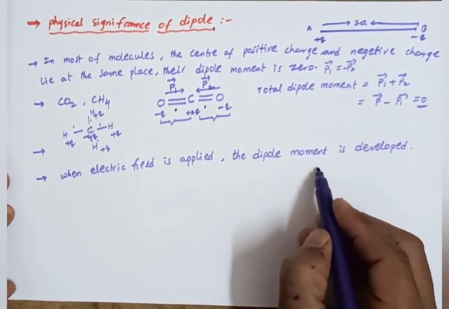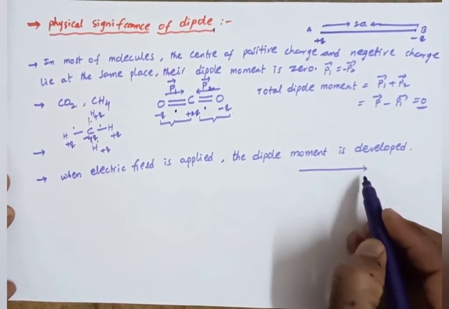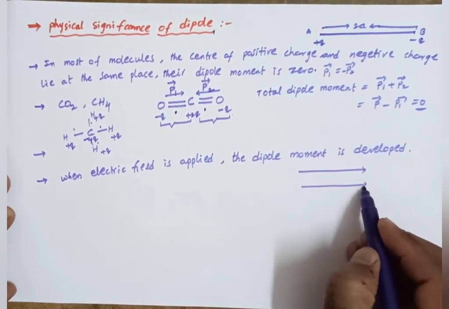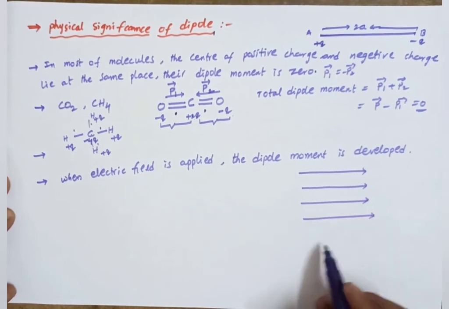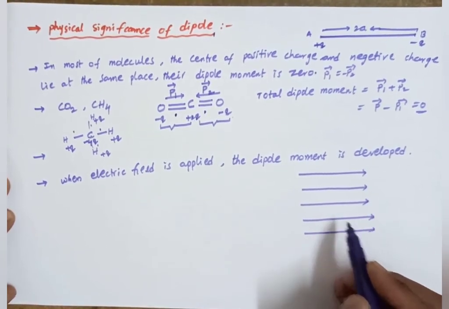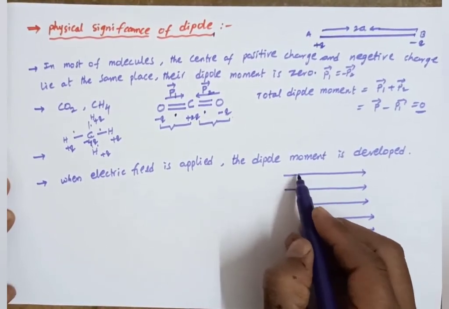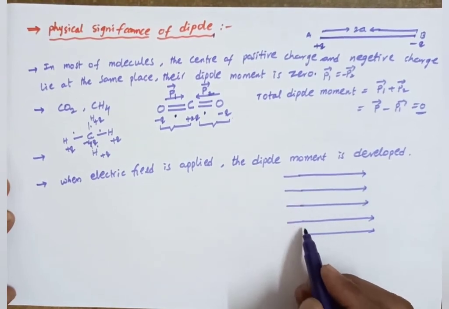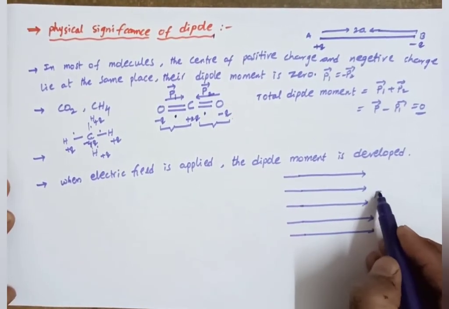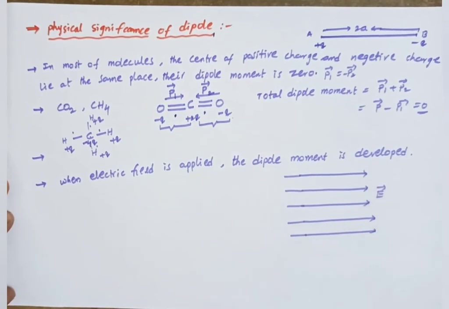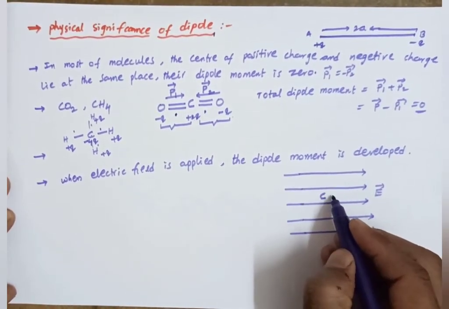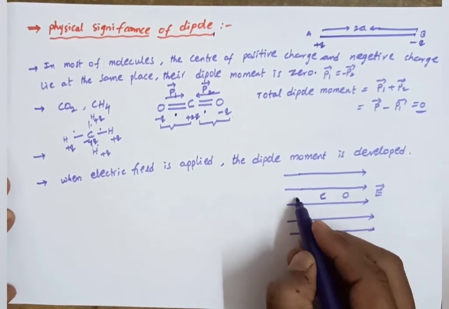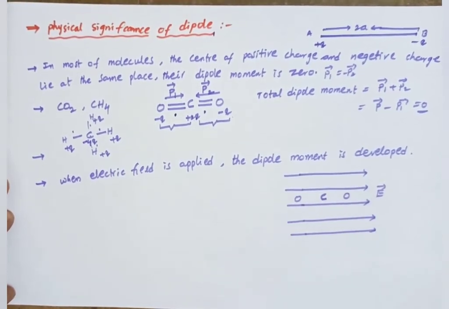For example, we consider this is an external uniform electric field. In this uniform electric field, the electric field intensity is E. When we keep here the carbon and this is oxygen.